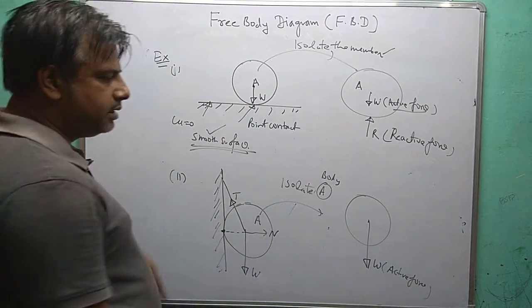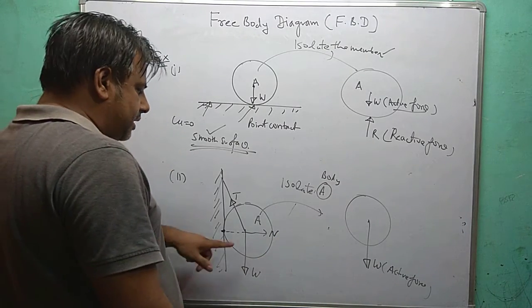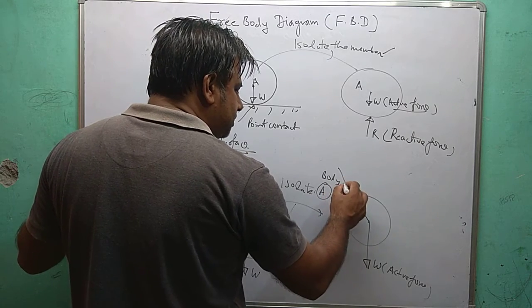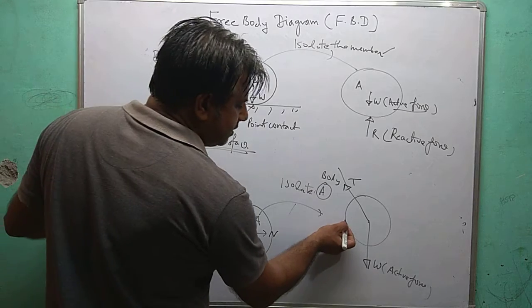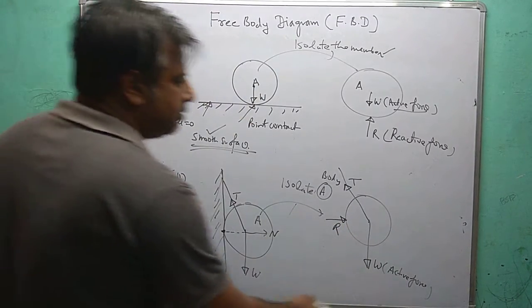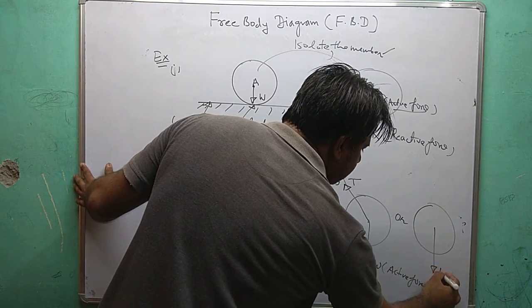Then there is no external applied force, only we have reaction forces. Reaction force or reactive force means tension in the rope and support reactions at this point. So we can represent like this, or you may represent like the self weight W.